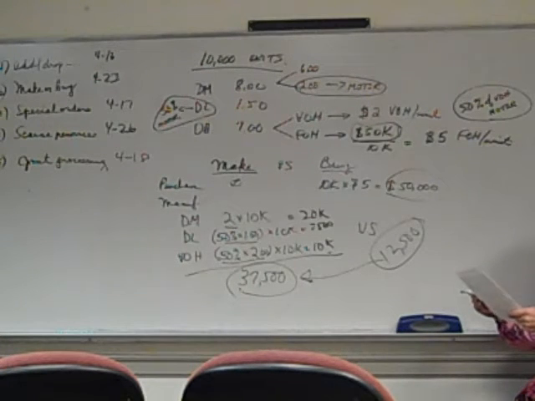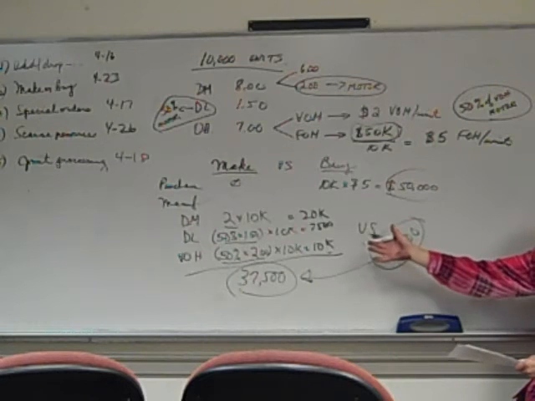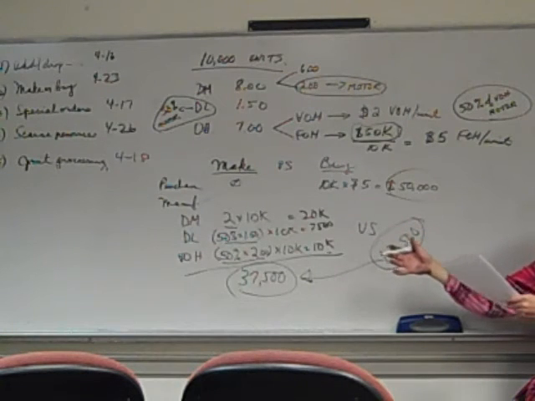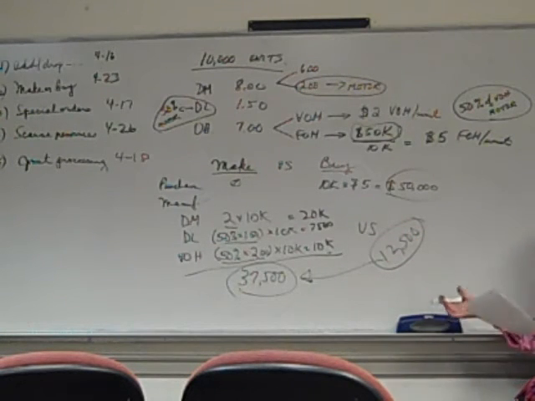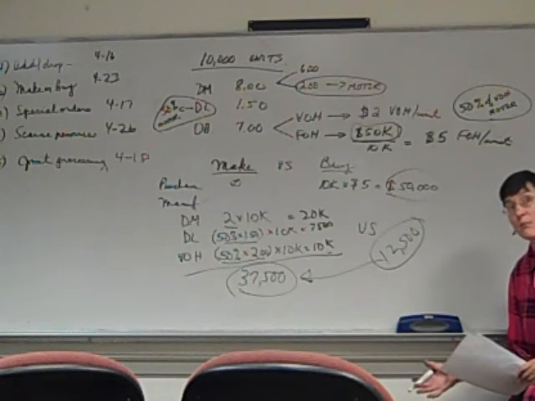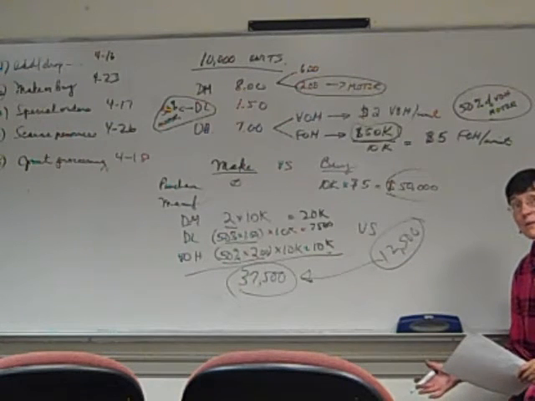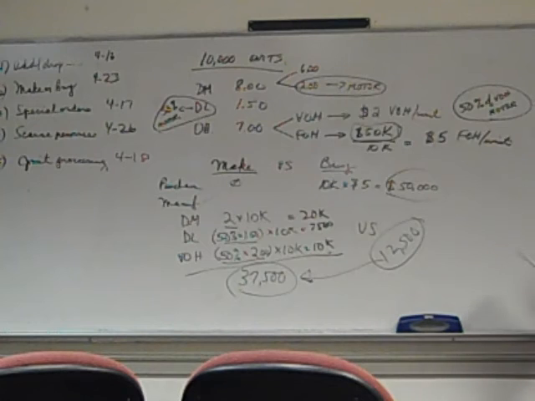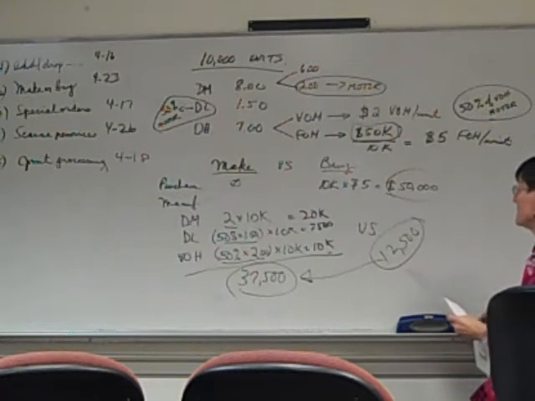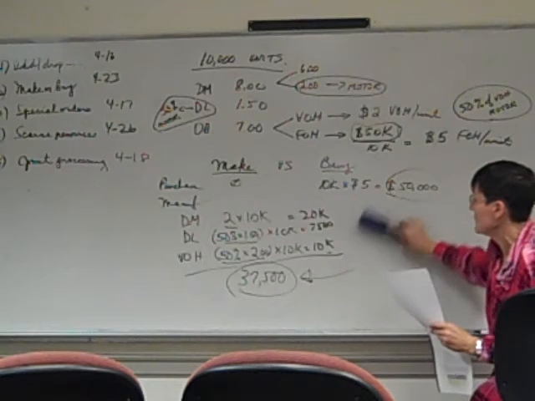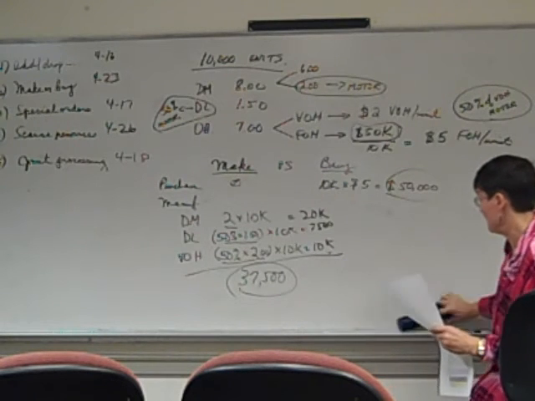Now part B says, well, if we freed up this space by not making the motor anymore, and we can rent that space, or we can use it to make another product, then what does it do to the decision? All right.